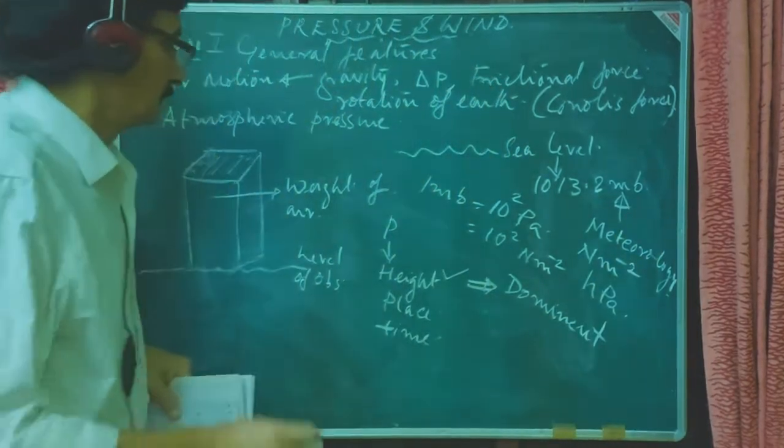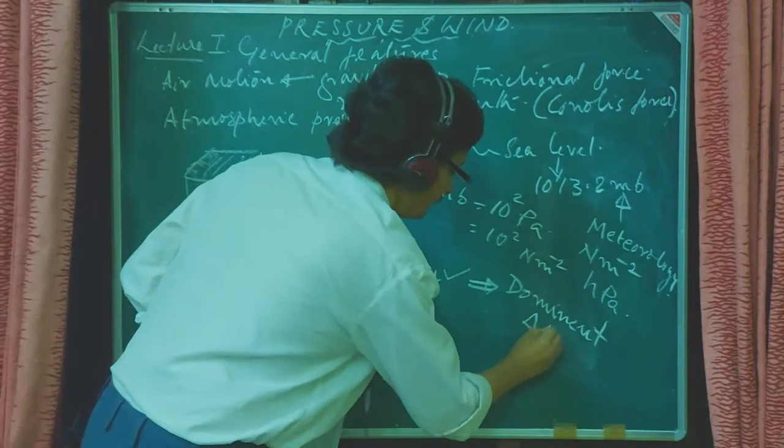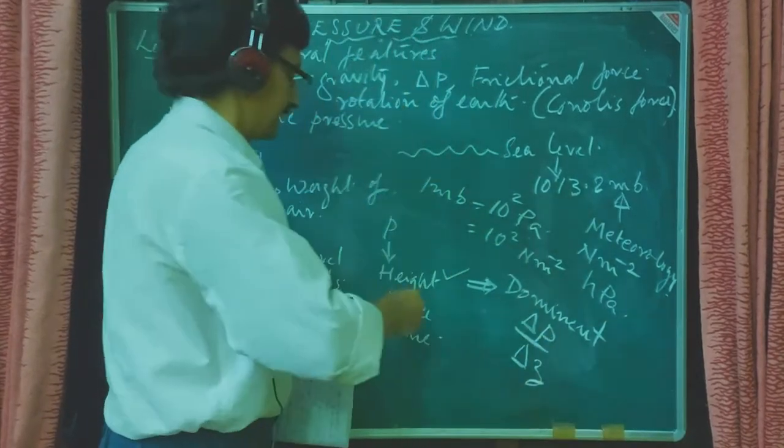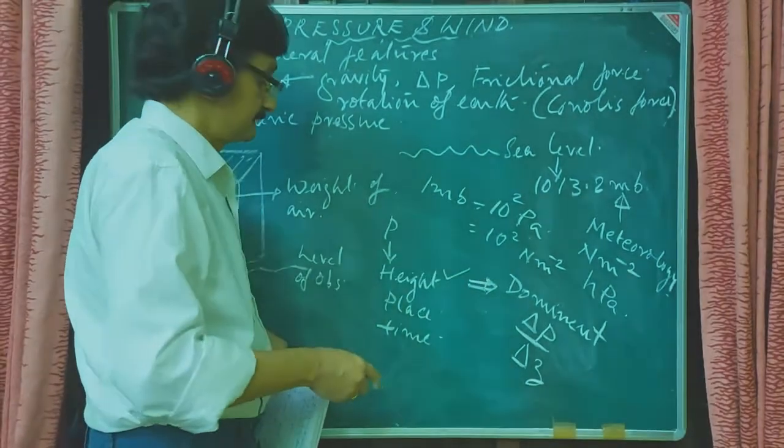Okay, so that is delta P by delta Z, that is, the vertical variation is a dominant feature.